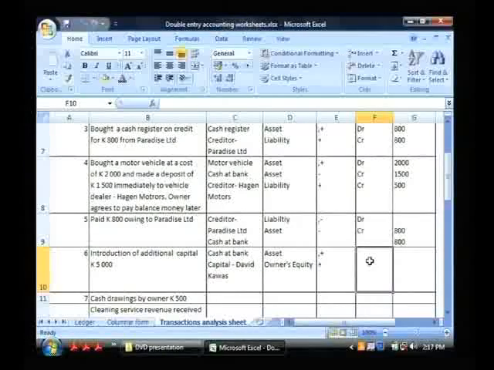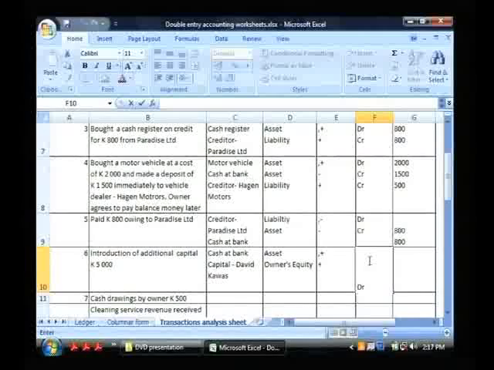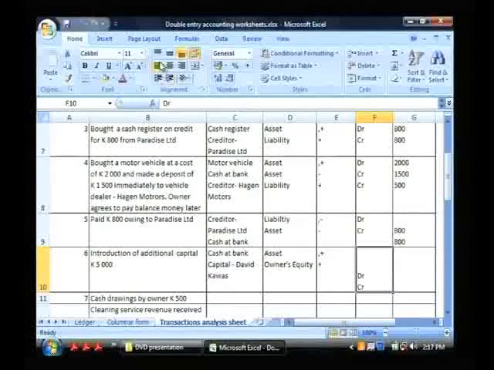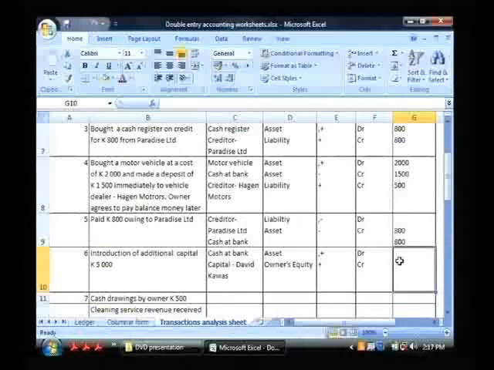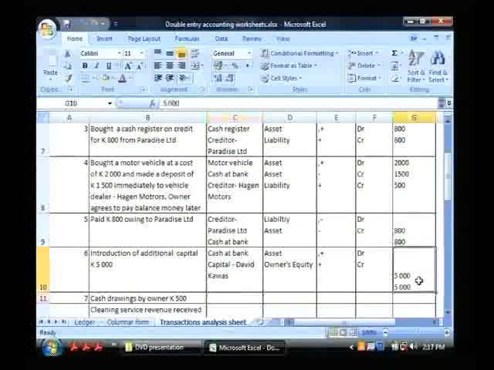And increase of asset, debit, increase of capital or owner's equity, credit, similar to first transaction, and the amount involved here is 5,000 kina. 5,000 debit, 5,000 credit.